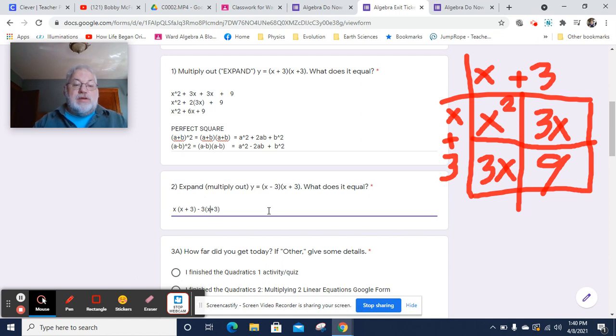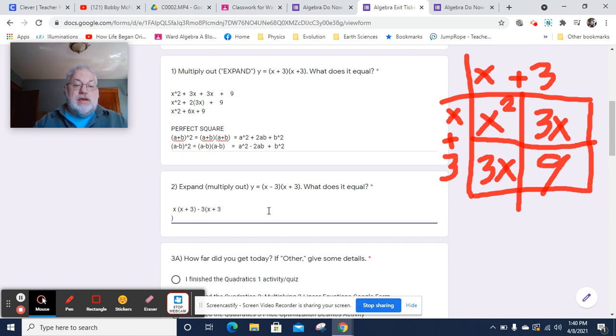And I'll distribute the x times x, which will be x squared. Then I'm going to do x times 3, so it'll be plus 3x. Then here I've got minus 3x, so minus 3 times x. And then minus 3 times 3, which will be minus 9, negative 9.